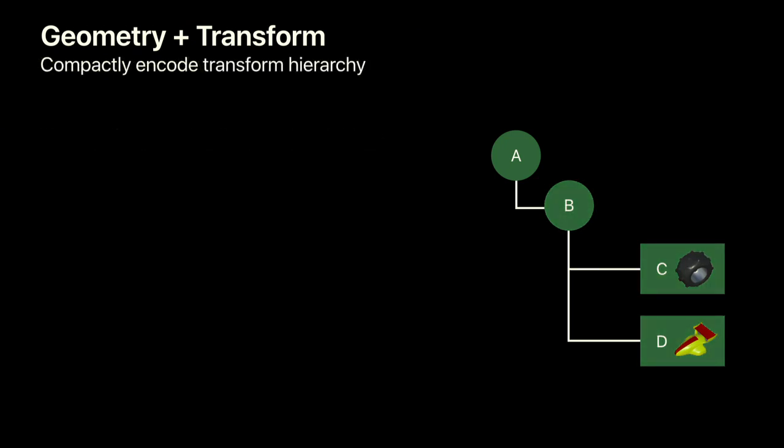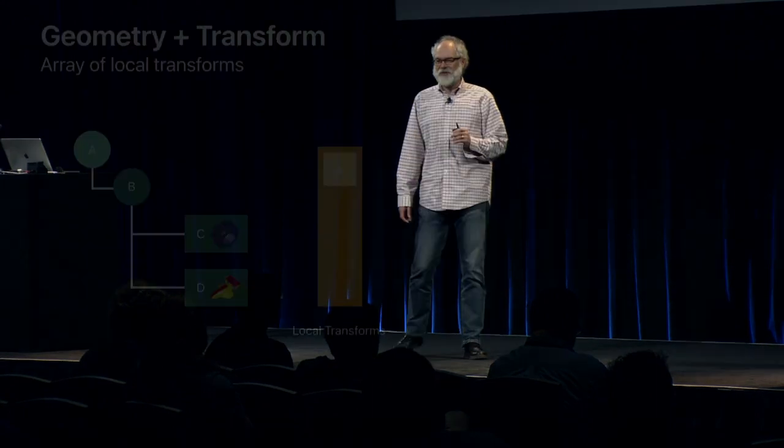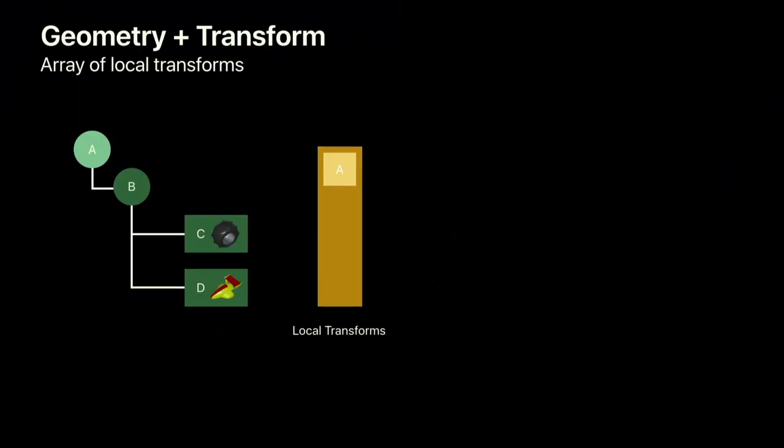So what we want to do is get that information into our engine so that it can render it ultimately. So we want to compactly encode that in a way that's easy to store and easy to read and doesn't require me to fix up pointers or any of that kind of thing. So what I'm going to do is flatten and linearize that array. I hope I don't have to say that word again. So we're going to make an array of local transformations.